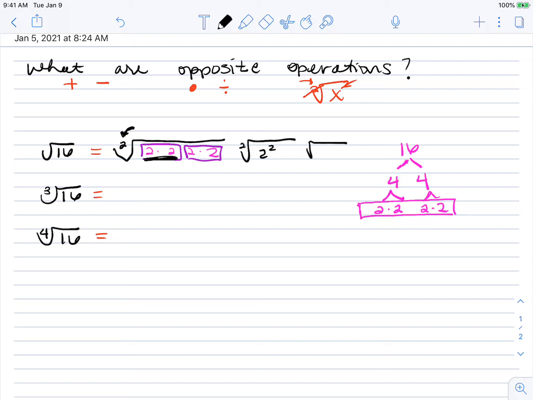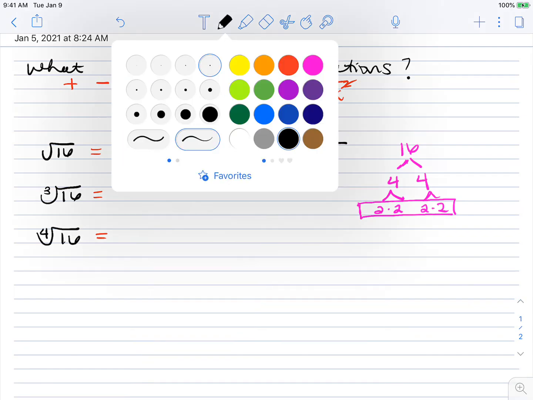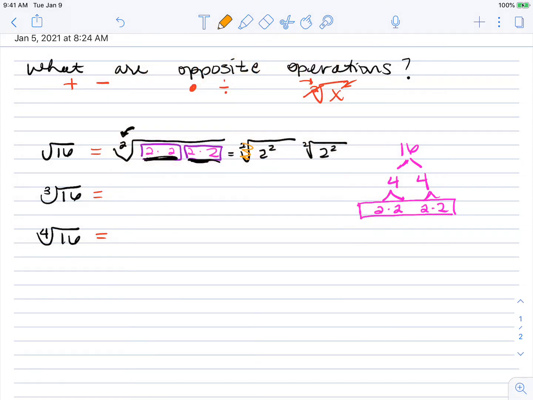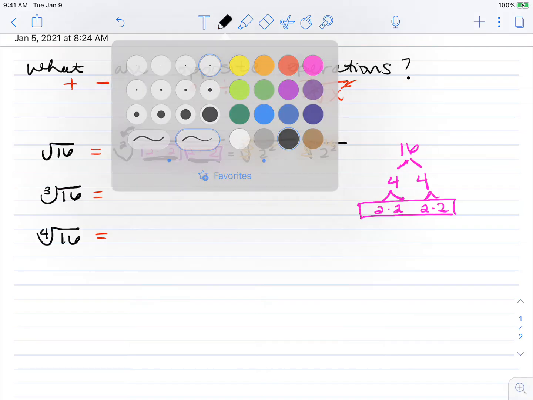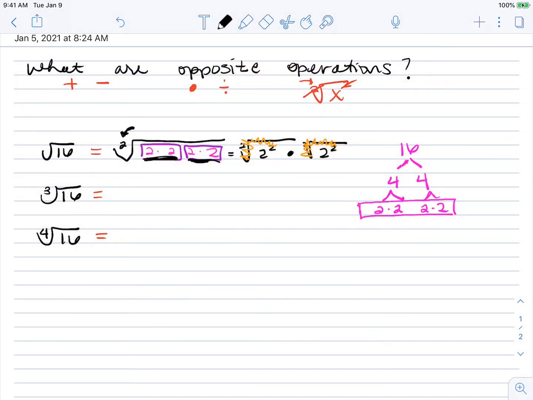And the square root of this one right here could be written as 2 squared. And the index and the power cancel out. So these cancel each other out. Because they're sitting right beside each other and there's no operation between them, it's assumed to be multiplication, and I can write that as 2 times 2, which is 4.